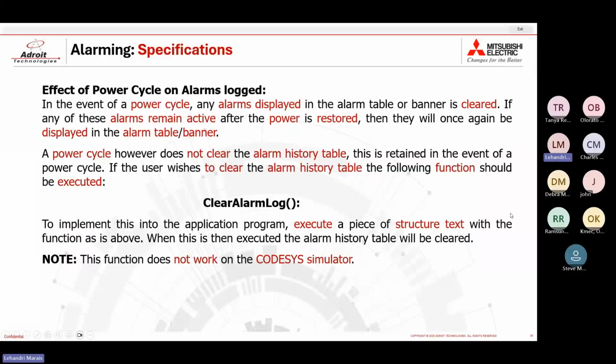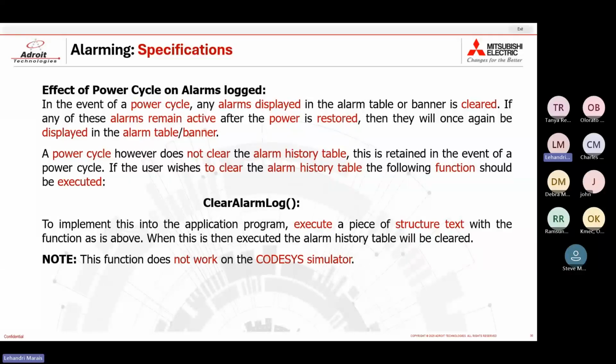Now, just some other things. When the power to the GOC is cycled, the alarms on the table are cleared. So any alarms on the table, any alarms on the banners are cleared. When the power is restored to the GOC, if the alarms still remain active, they will once again be displayed on the alarm table or banner.